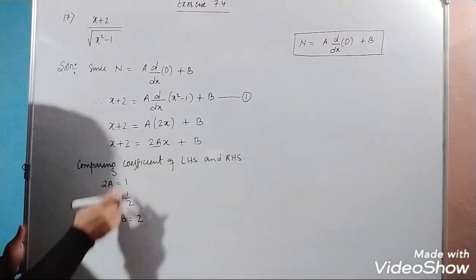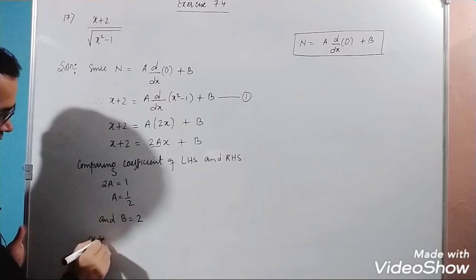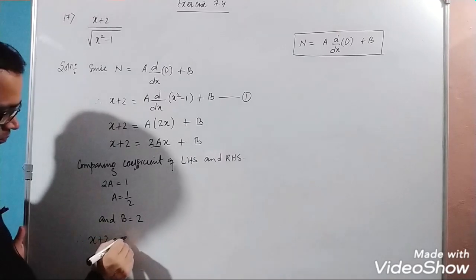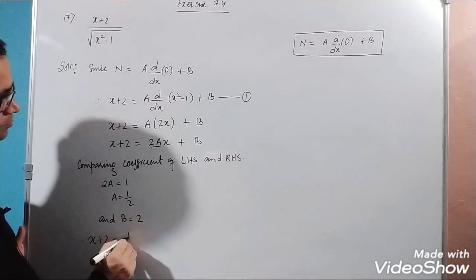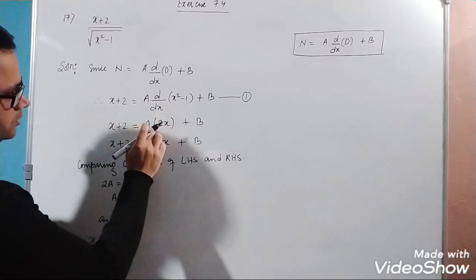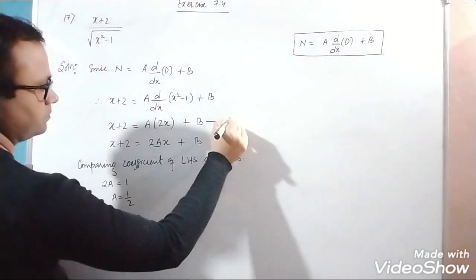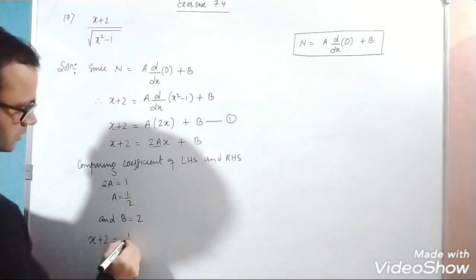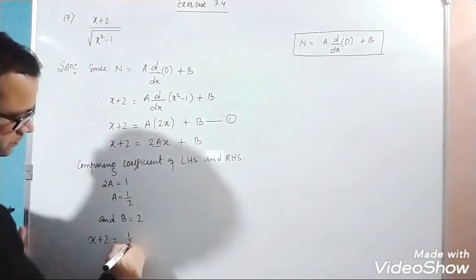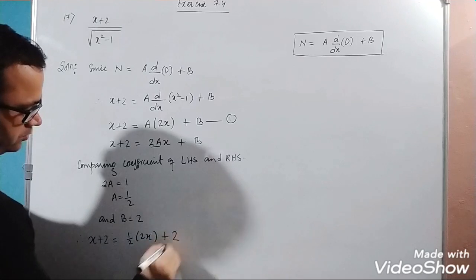Now put these values in equation 1. Here a is 1 by 2 into 2x plus b is 2.